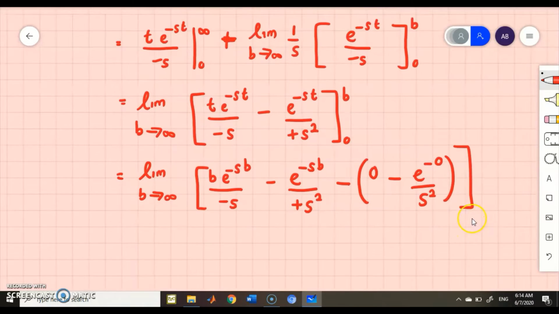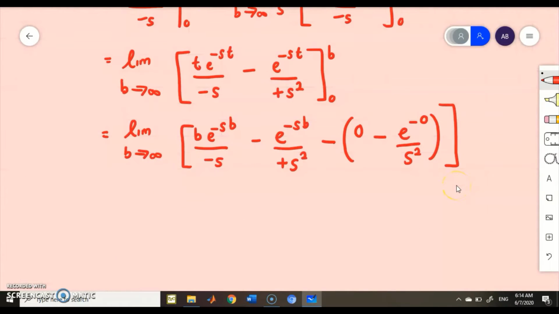Okay, so now what we have here, forget about b here, but look at this b. When b approaches infinity, this term tends to 0. Exponent negative infinity tends to 0, okay? And then this side here, similarly, when b is infinity, this term also tends to 0.